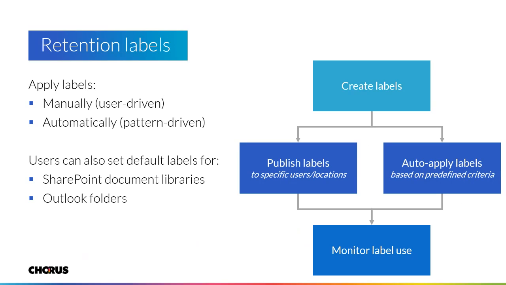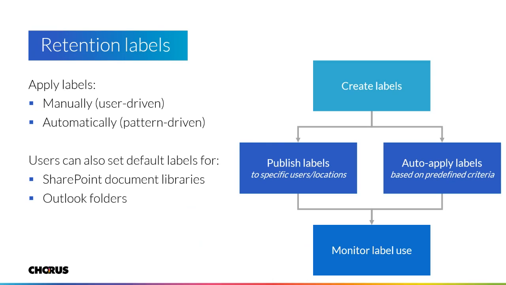So you can apply retention labels in various ways. You can apply them manually, so that's a user-driven approach, or you can apply them automatically, so it's a pattern-driven approach. Users can also set default retention labels on SharePoint document libraries and also on Outlook folders as well.